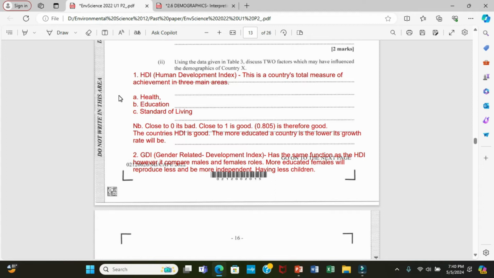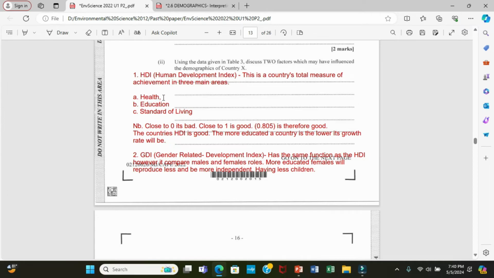Now, the HDI, Human Development Index, measures the achievement in 3 main areas. So the HDI looks at the health of the country, the education, and the standard of living of the people. All right, so it is used to measure the development of the country in these 3 areas.